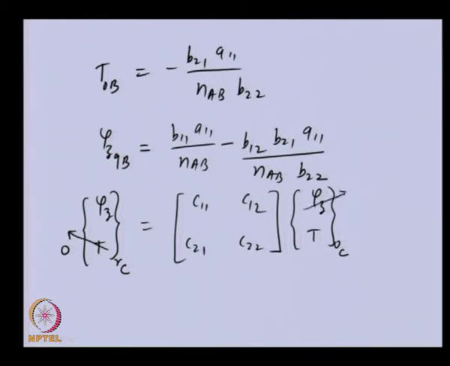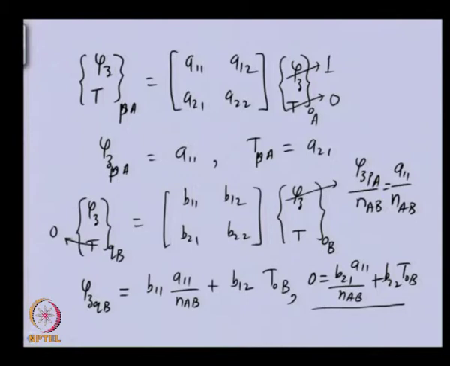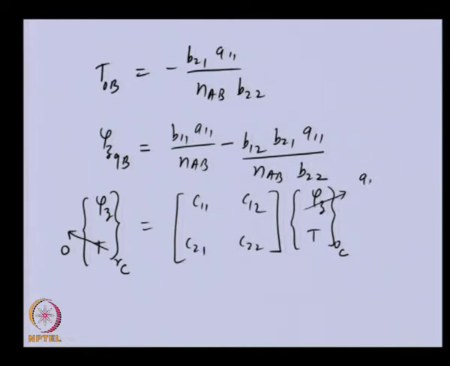using the gear ratio between branch A and C, we can write this as we did earlier. Here the gear ratio will change, A11 divided by NAC. Earlier it was A to B, now it is A to C. Now you can see that we can express these expressions again.